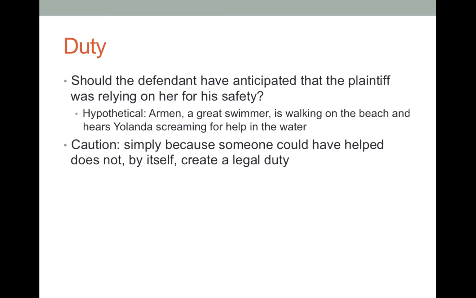Can you change the facts so that there would be a duty owed? Sure. What if Armin was the lifeguard on duty at the time that Yolanda is struggling in the water? Should Armin have anticipated that Yolanda was relying on him for her safety? Of course. She may not have gone swimming otherwise.